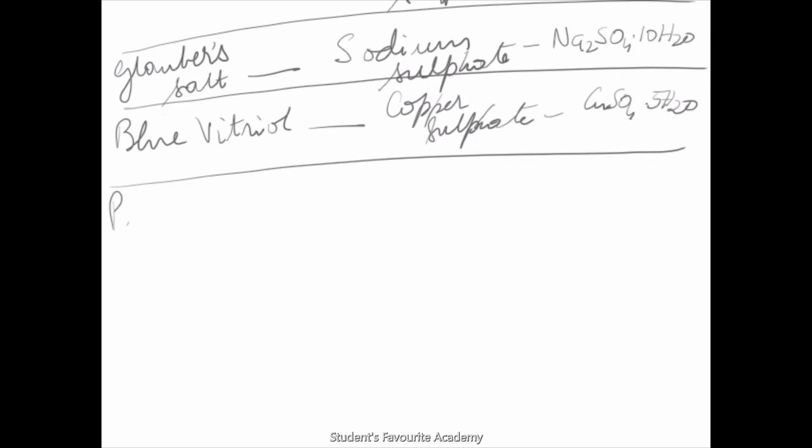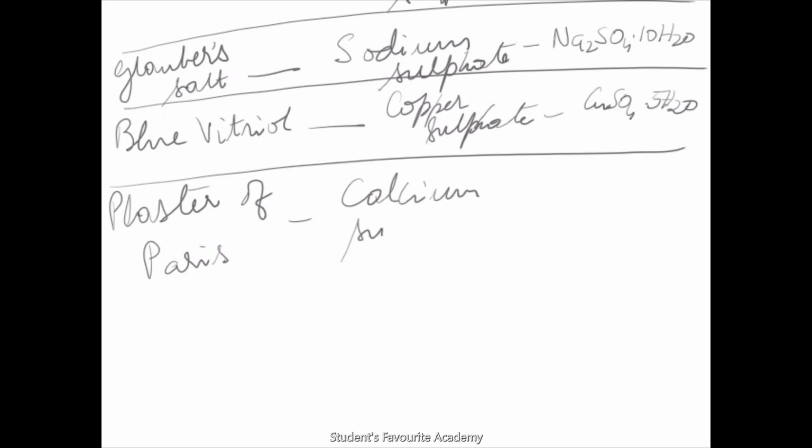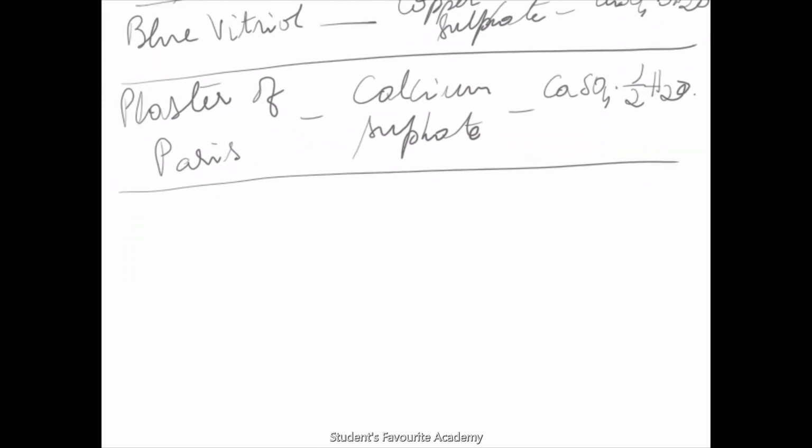Then plaster of Paris. Plaster of Paris is nothing but hydrated calcium sulfate, and the chemical formula is CaSO4.½H2O.